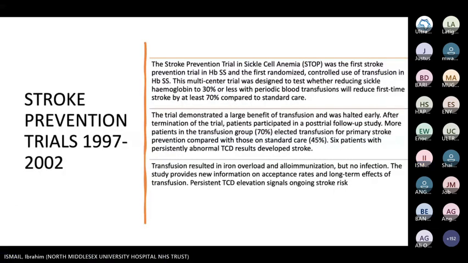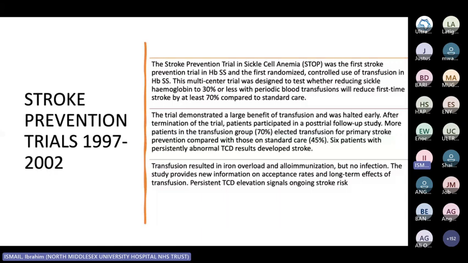So the stroke prevention trials between 1997 and 2002 were, like I said, the foundation for all our work when performing the screening. The STOP trial, the Stroke Prevention Trial in Sickle Cell Anemia, was the first prevention trial in HbSS and the first randomized controlled use of transfusion in HbSS.